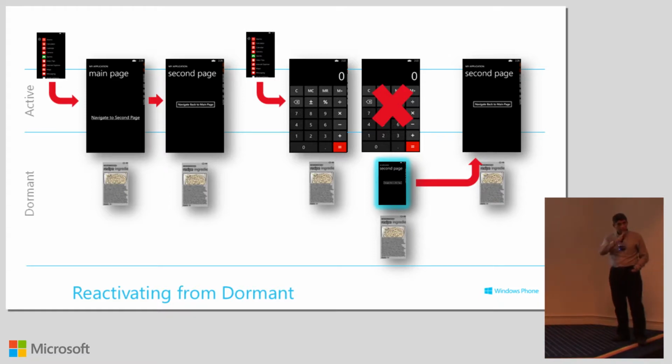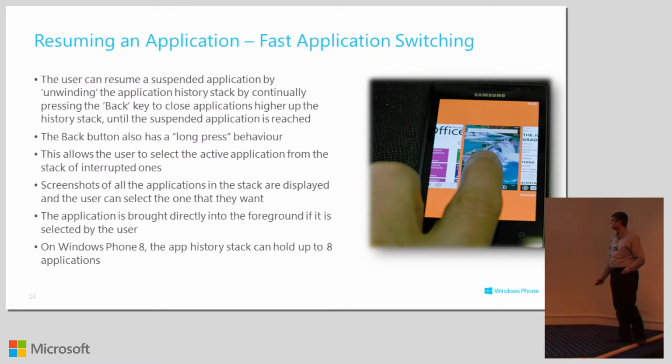But if I go to the home and click on the home application icon, then a new instance is created and this instance is discarded, right? Now in Windows Phone 8, you can have up to 8 applications in the back history stack.